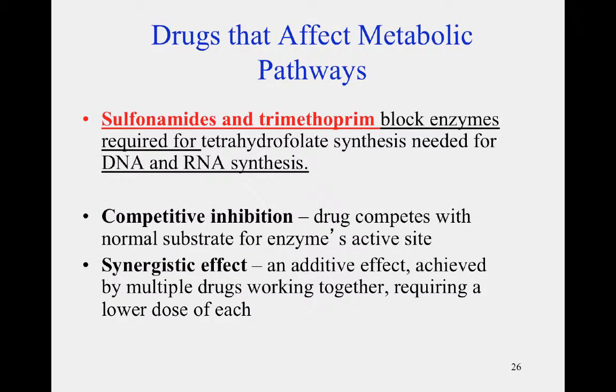And then we have other drugs that can inhibit specific enzymes, for example, enzymes that are required to synthesize folic acid. So a lot of the sulfa drugs, sulfonamides, trimethoprim, will block enzymatic activity required for tetrahydrofolate synthesis. And folic acid is really a precursor for not only the production of DNA and RNA, but also protein. So this is a very important chemical compound in all cells. So you stop the synthesis of this and you will kill the cell.